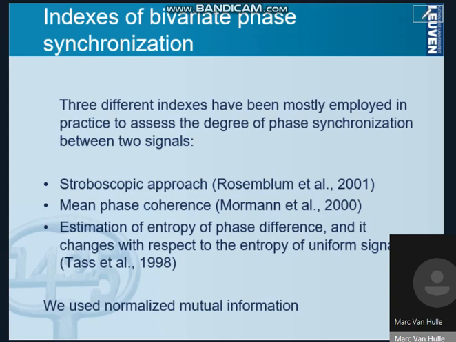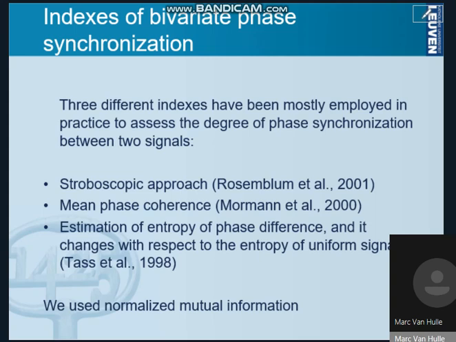Maybe the last one is actually plotting all your phases in a sort of histogram. If that histogram is pretty flat, then you have maximum entropy of that histogram. If that histogram is peaked, meaning that the phase difference is really restricted, then you have low entropy.